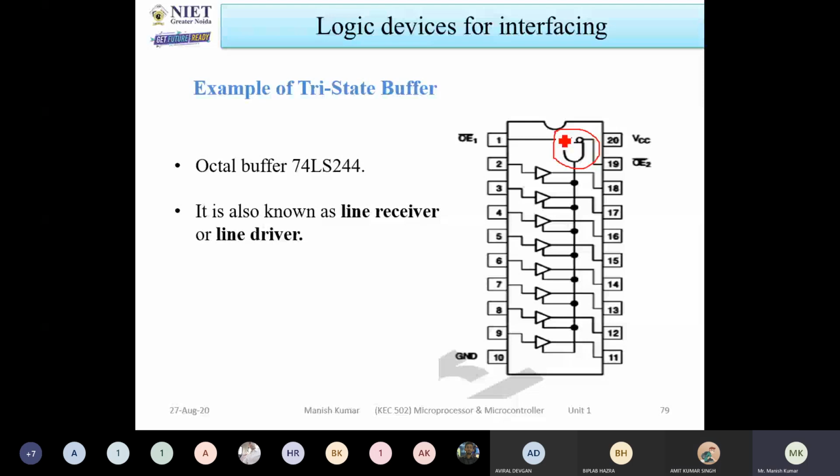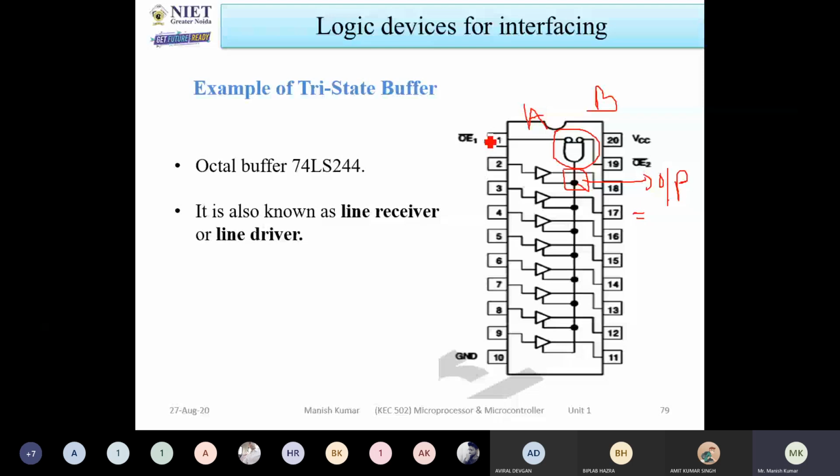So let us consider one input is A. I am supplying A and another is B. Then what is the output here? Let us consider with the OE1 enable, I am supplying A input.